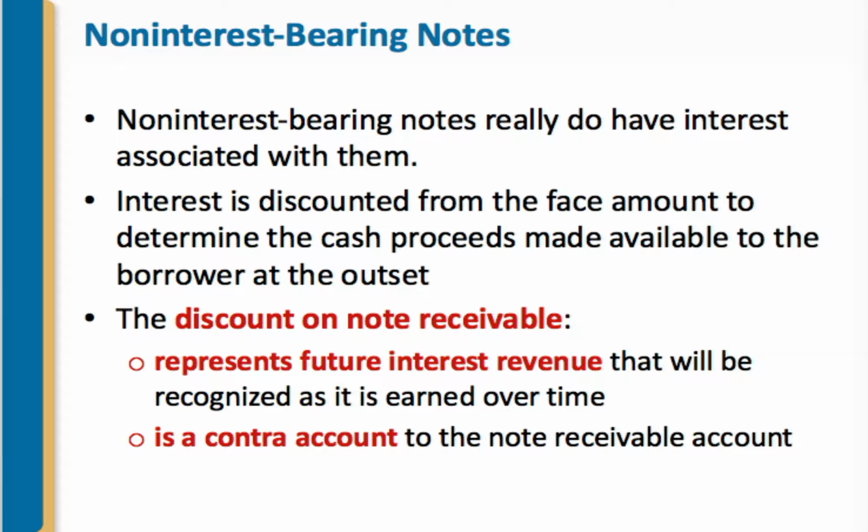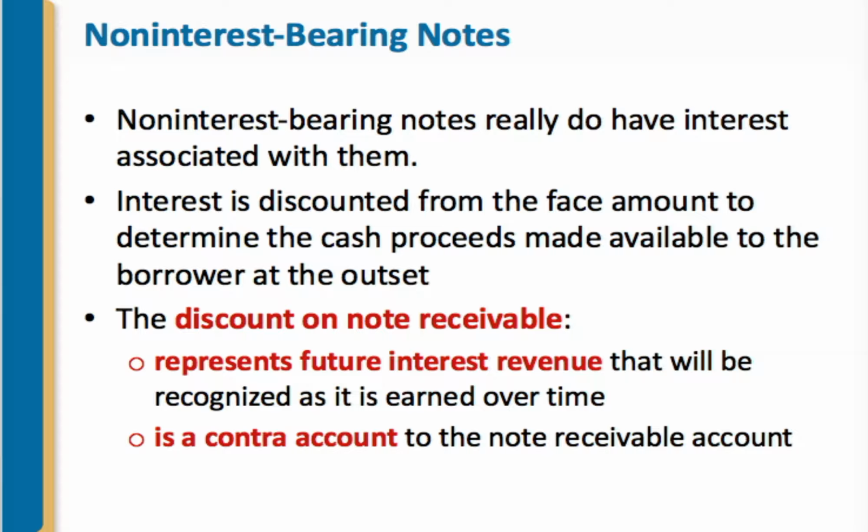Now sometimes a receivable assumes the form of a so-called non-interest-bearing note. This name is a bit of a misnomer, though, because non-interest-bearing notes actually do bear interest, but the interest is deducted, which is also known as discounting, from the face amount to determine the cash proceeds made available to the borrower at the outset of the note.